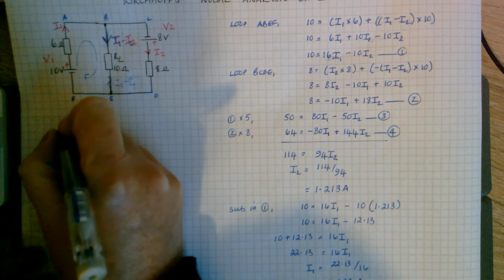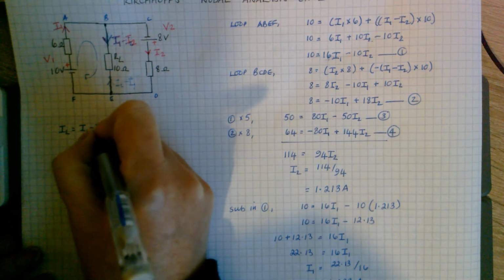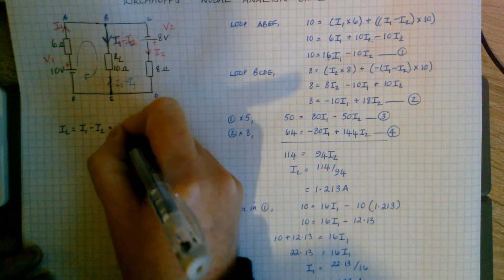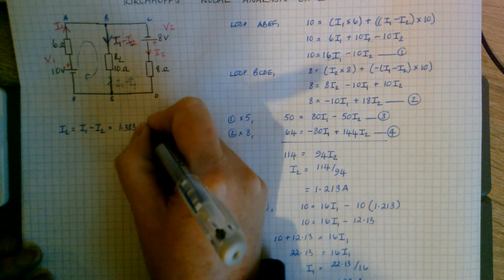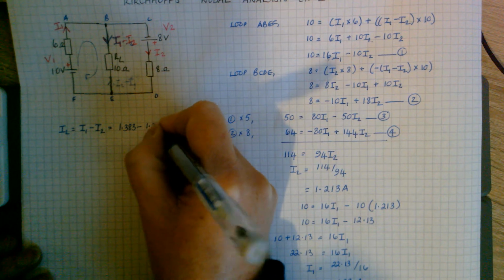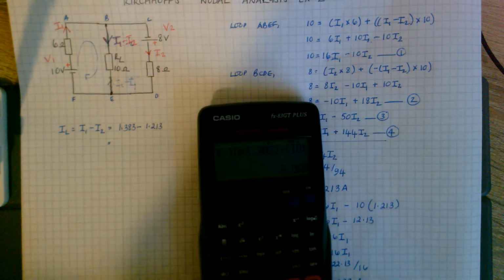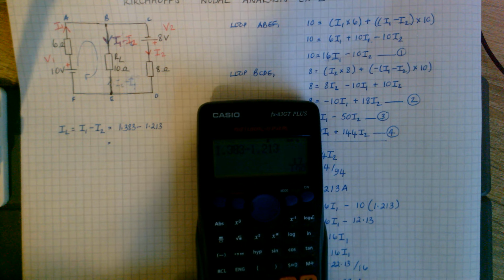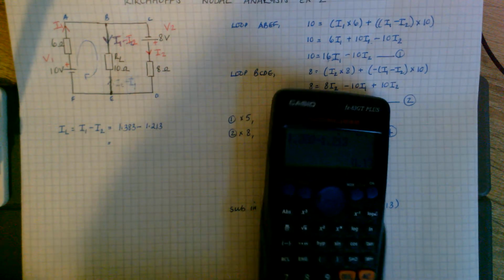So my current through my load resistor, my IL, is I1 minus I2, 1.383 minus 1.213, which gives me 0.17.